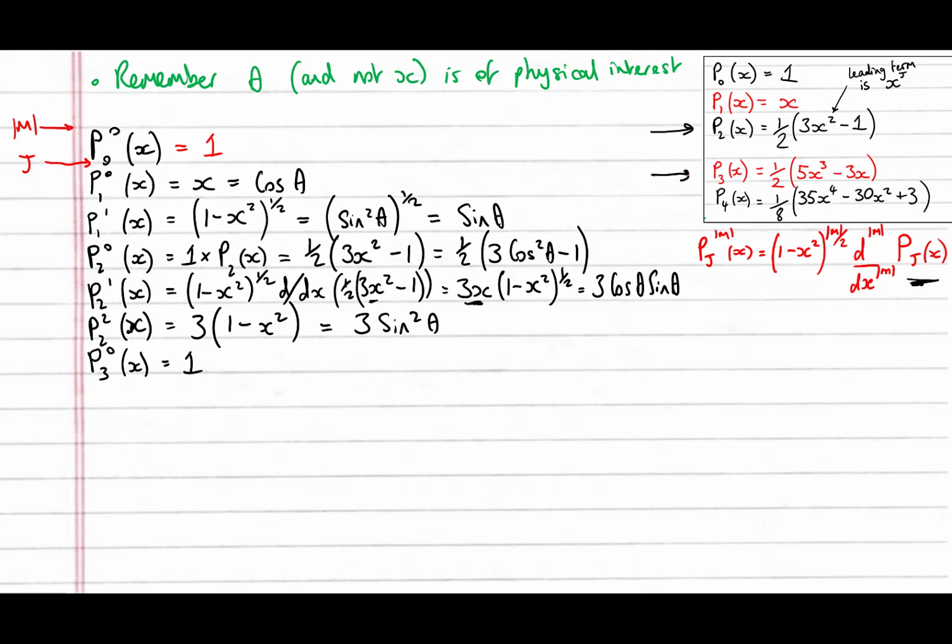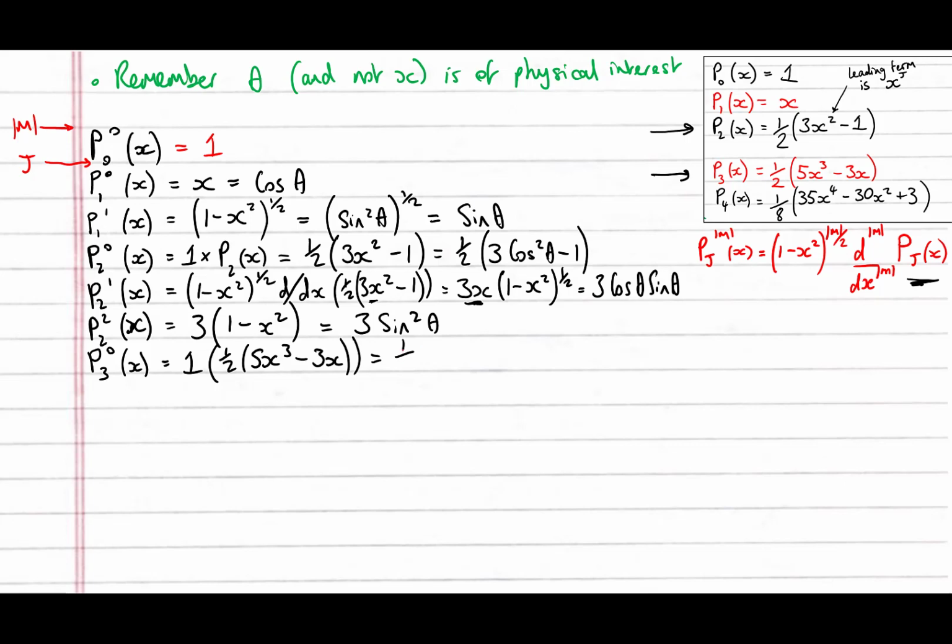We won't take the derivative of that. We'll just end up with the answer being 1 times 1/2 (5x cubed minus 3x). Okay, and that will end up being, when we turn that into cosine theta, 1/2.